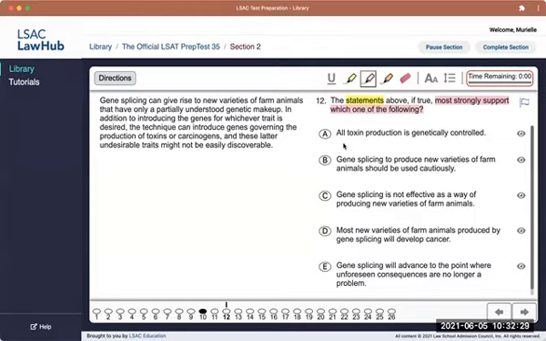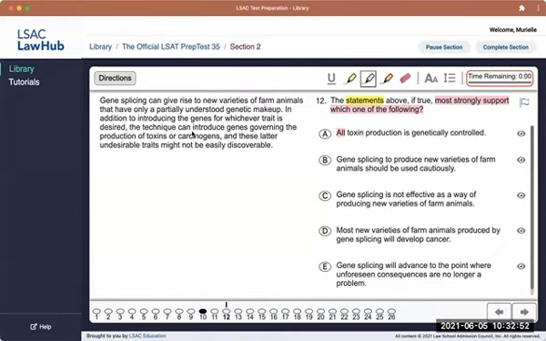A, all toxin production is genetically controlled. Certainly not supported, right? That's a very strong, very extreme statement. We are only really learning about how this particular technique can possibly introduce genes that would govern production of toxins.